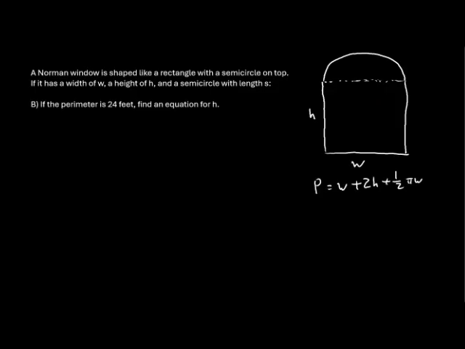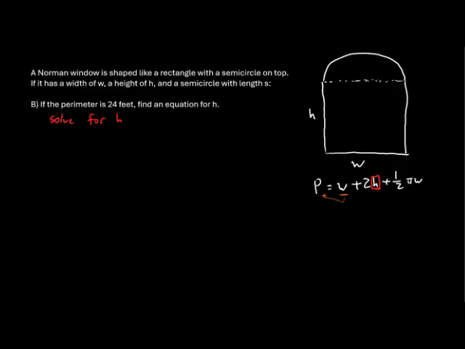Now that we have an equation for perimeter, we are asked if the perimeter is 24 feet, find an equation for H. Therefore, we must now solve for H. With our equation for a perimeter, we'll let H be our unknown we're going to try to solve for, and we'll move everything else away from that H. Our first move will be to subtract our W and move it to the left.